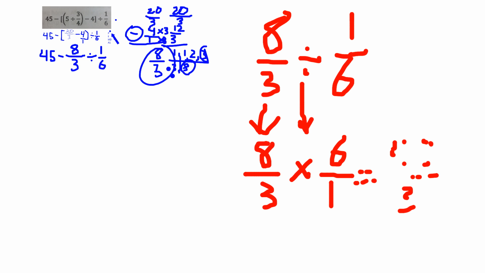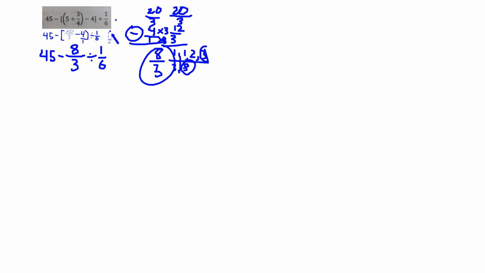Now we have 6 times 8 is equal to 48. We have 3 times 1 is equal to 3. So now we just have to take that 48 divided by 3, and I'm going to erase some stuff so that we can do it. We want 48 divided by 3.